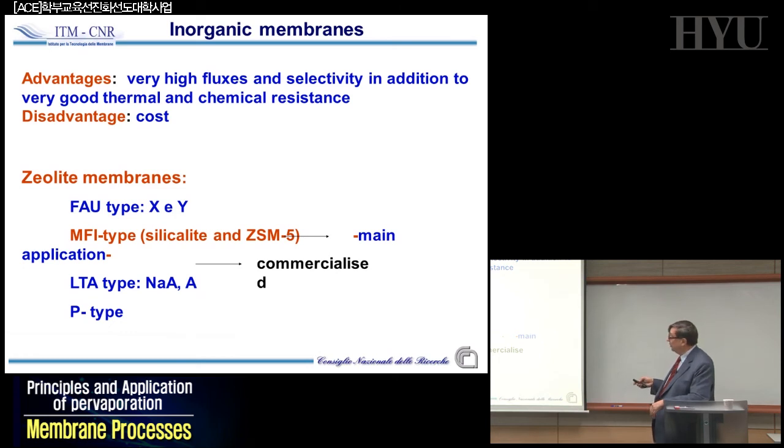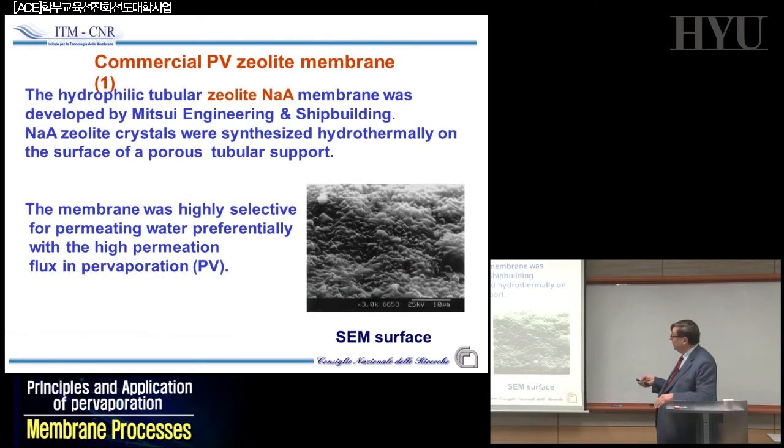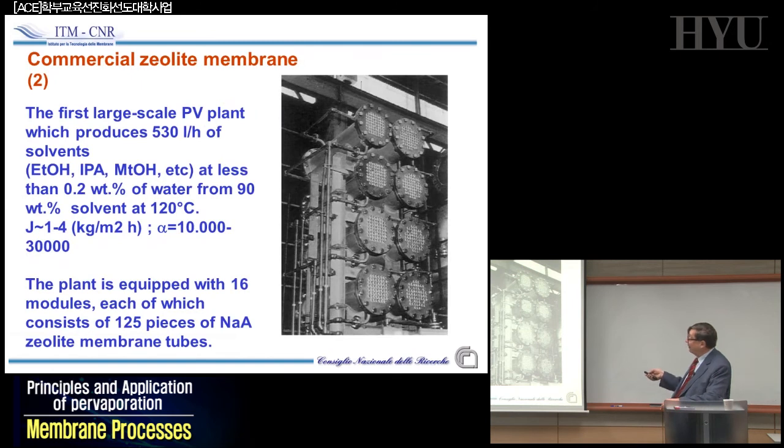This kind of system is becoming popular, and you can see here again that the surface of these inorganic zeolite membranes is quite interesting, very well done, homogeneous, no defects. That's why Mitsui, here it is, Mitsui Engineering and Shipbuilding, apparently nothing to do with membranes, but now they are the ones with membranes synthesized by hydrothermal synthesis, and the plants at the end are relatively large.